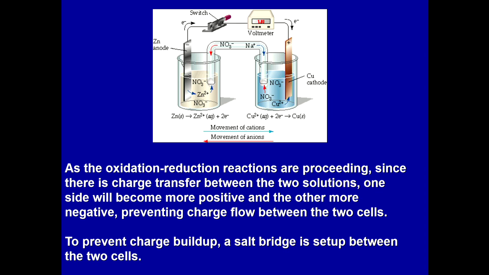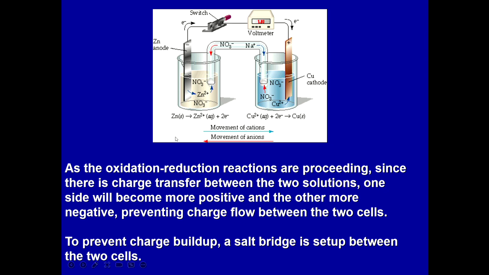And on this side, there are few cations, which means there are too many anions. So the nitrate anion will go from this side to this side. Using this way, the two sides are always neutral, because the solution must be neutral.